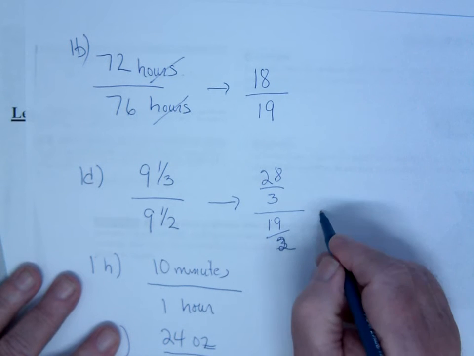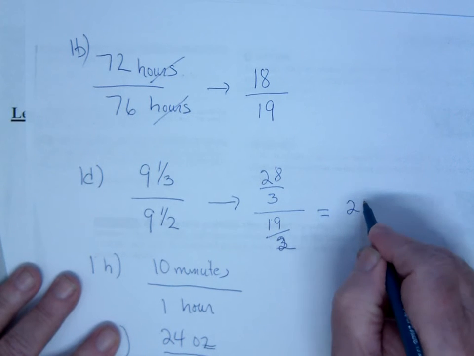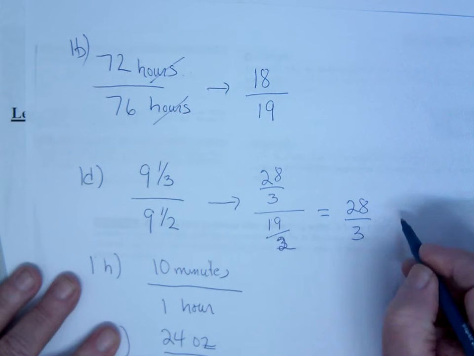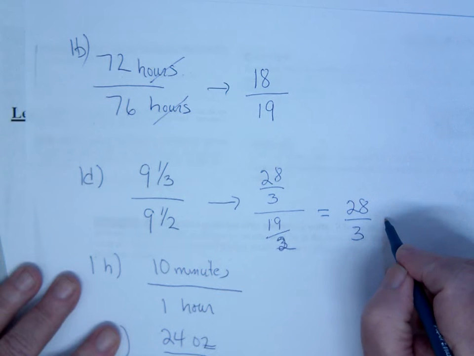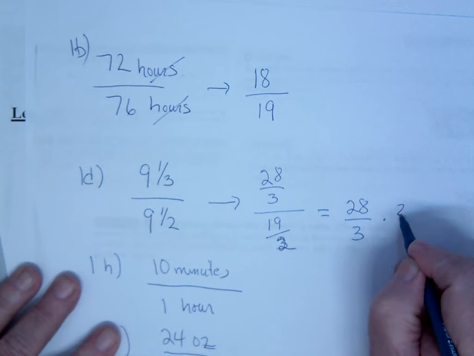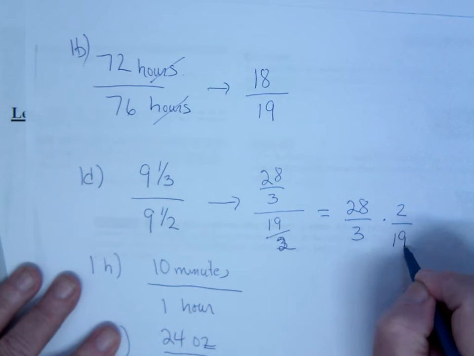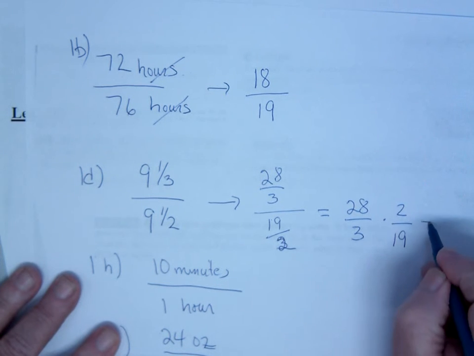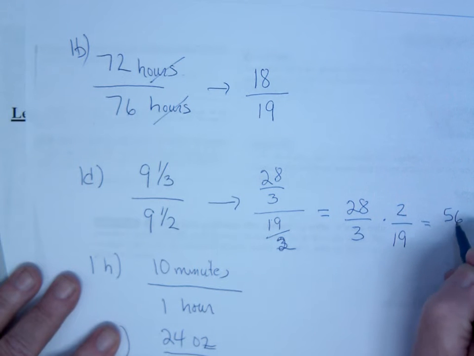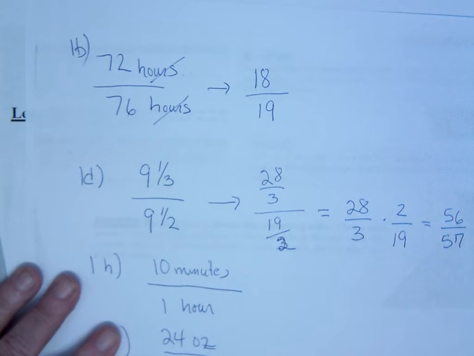So what we will have then is 28 over 3 divided by 19 over 2. We invert and multiply, and so we get 2 over 19, and so this will end up being 56 over 57 is going to be the ratio.